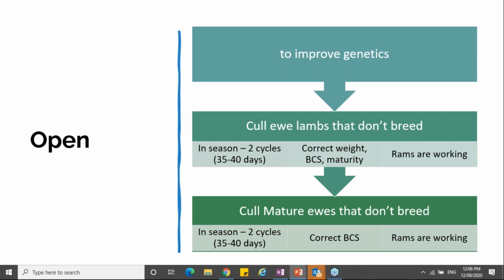She had 3 lambs each time, worked really hard, and she's taking a break. Those things can happen, and you don't necessarily want to cull her. But mature ewes that have had an opportunity in season and haven't been doing a whole lot of work up to that point should definitely be considered for culling as well.